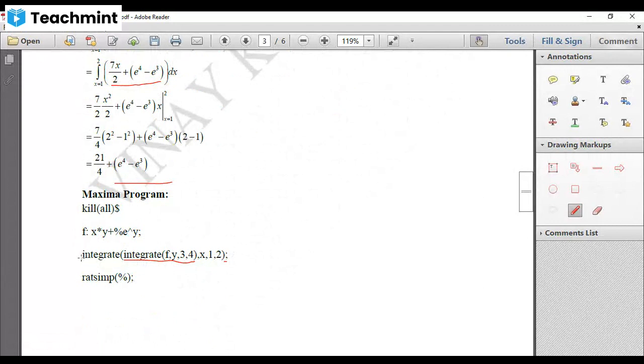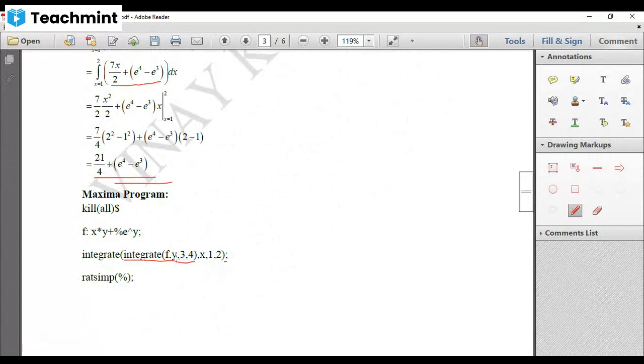See, sometimes the answer which you are going to get will not be a simplified one. So I want a simplified answer like this. So what I'll do, I'll put RATSIMP, rational simplification.